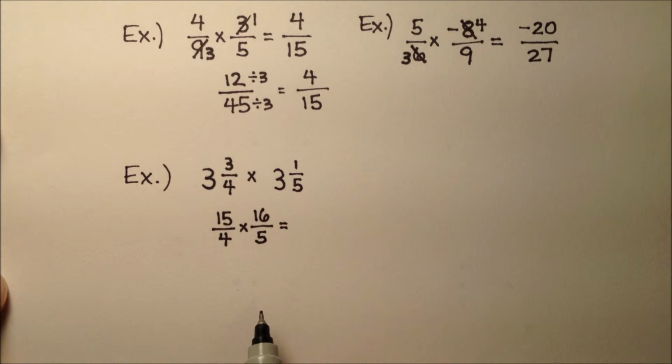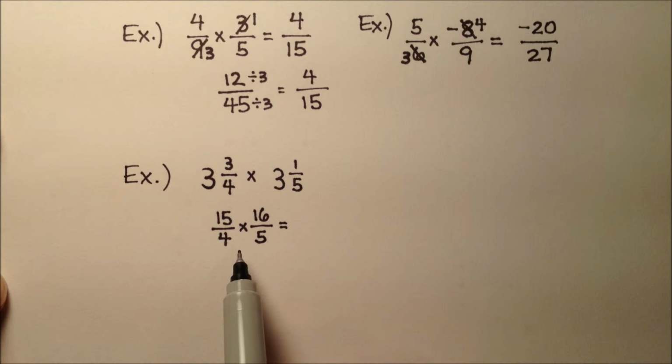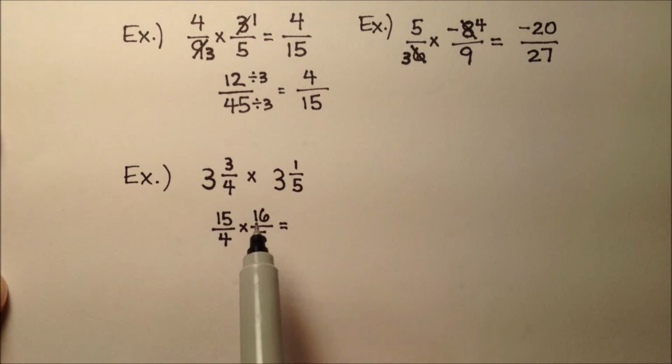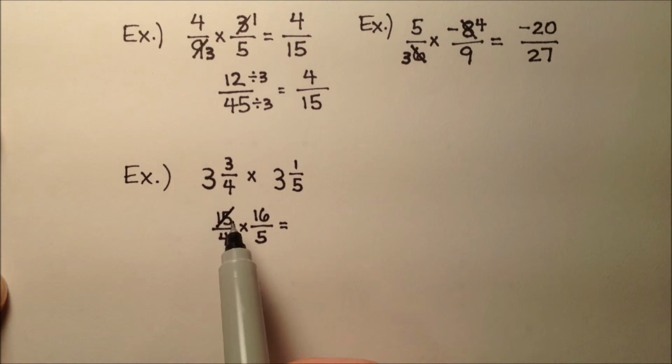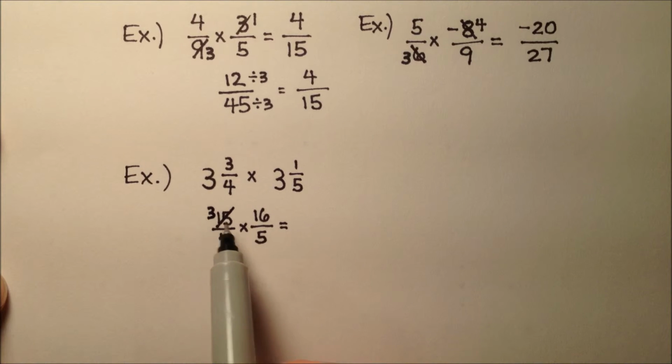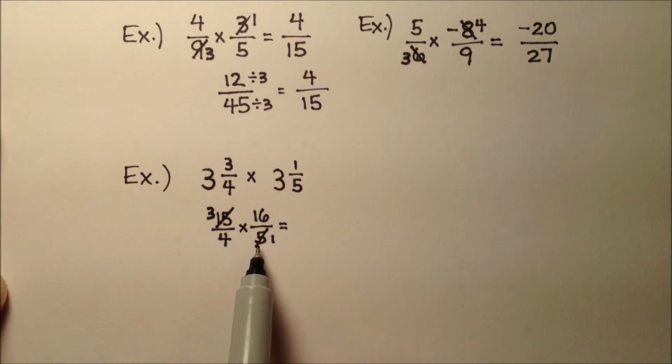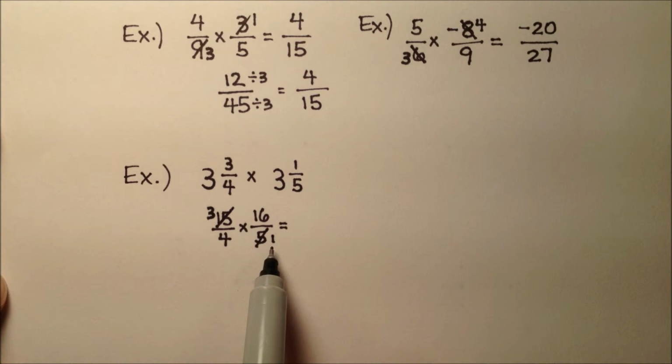So now I have my fractions. I'm going to cancel if possible. In this case I notice that 15 and 5 both share a 5. So I'm going to cancel out a 5 from both. When I do that, my 15 becomes a 3 and my 5 becomes a 1.